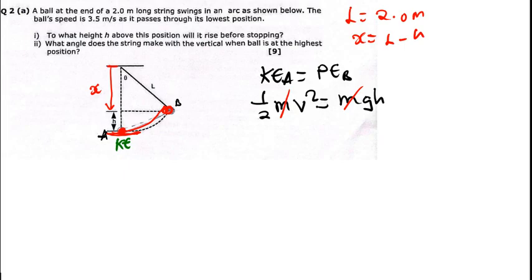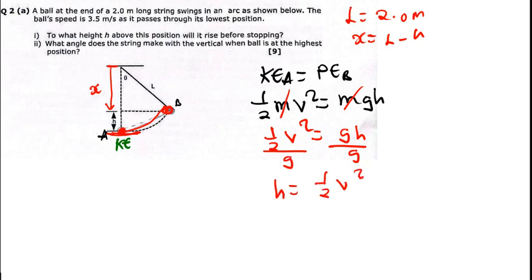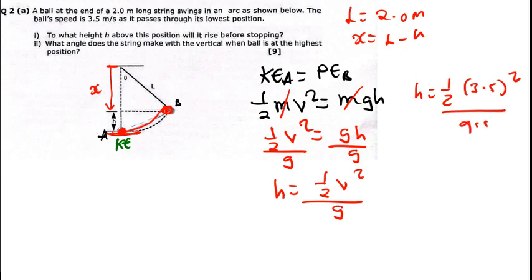My goal is to find the h. Half v squared is equal to gh, divided by g on both sides. So h will be equal to half v squared divided by g. So h will be equal to half, the velocity is 3.5, we square it, and we divide it by 9.8.